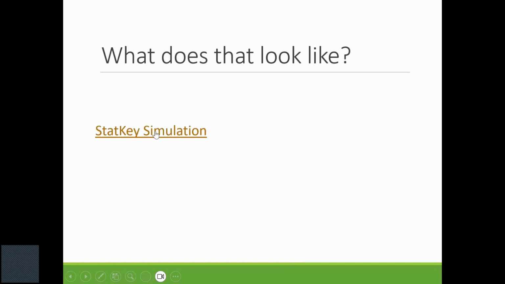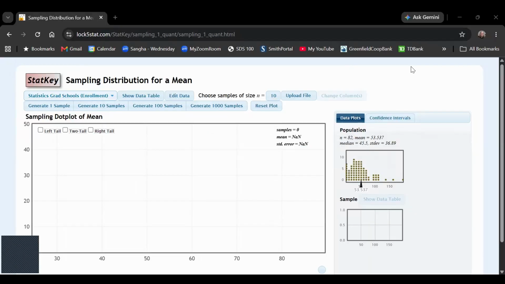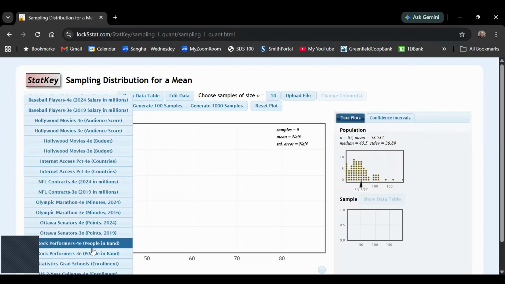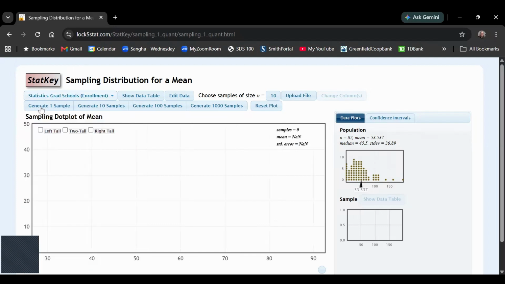look at a simulation here. Okay, here we are in StatKey, and we are looking at those 82 statistics grad programs. Note that there are a bunch of different data sets here, but we want to look at the stats grad schools.